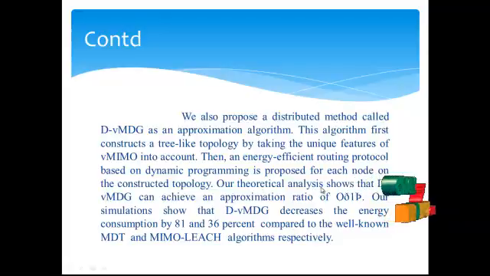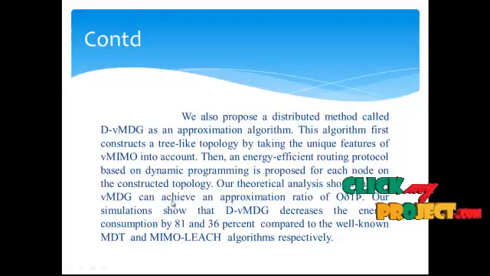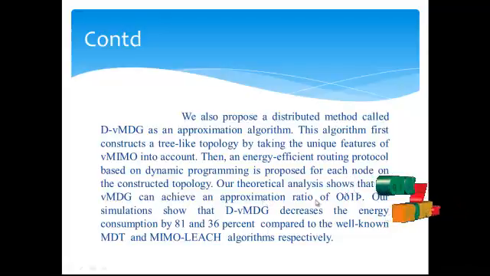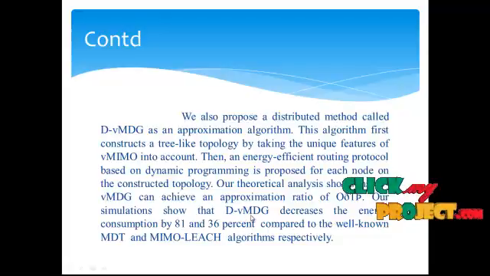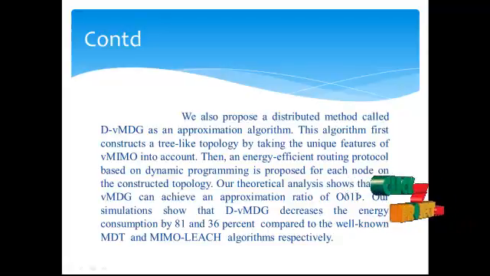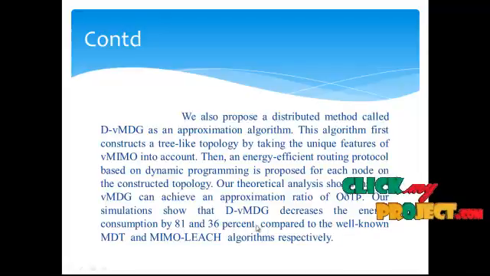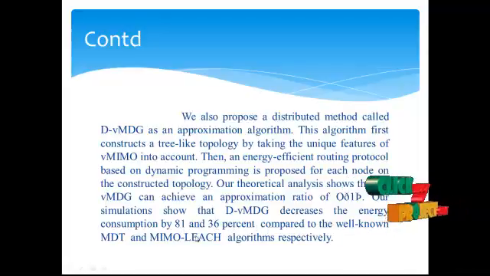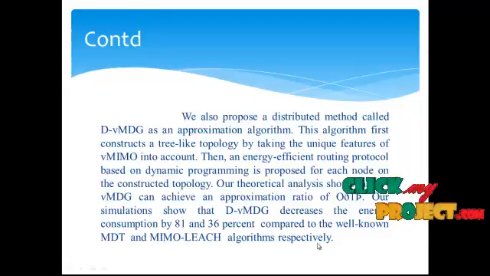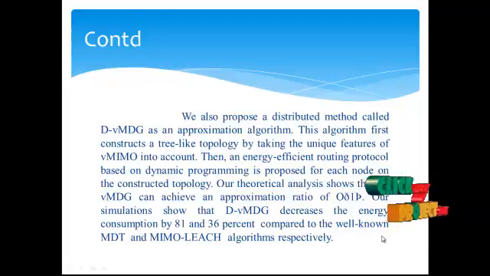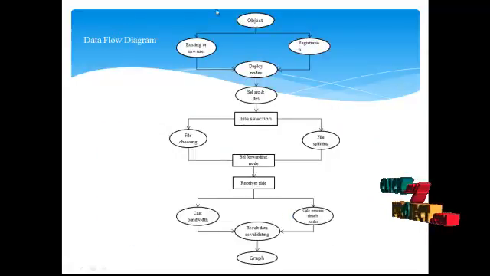Our theoretical analysis shows that DVMDG can achieve an approximation ratio of. Our simulation shows that DVMDG decreased the energy consumption by 81 and 36% compared to the well-known MDT and MIMO LEACH algorithms respectively.